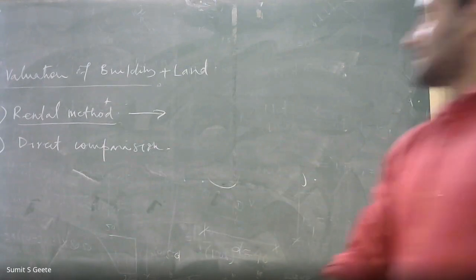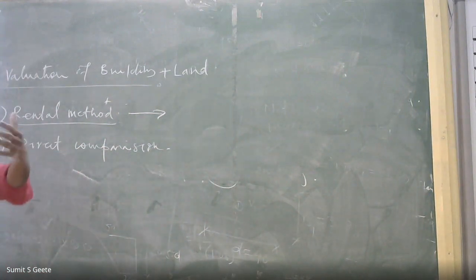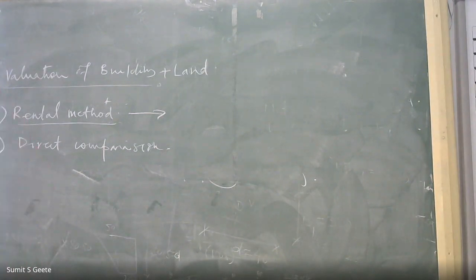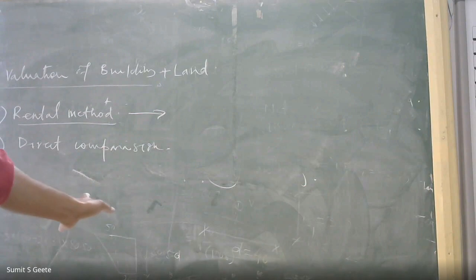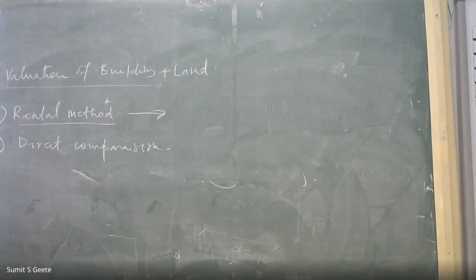So in this case, when we consider direct comparison, we find out whether there is any sale or purchase in a nearby time period, and if it exists, from that we can find out the value of our property. Clear?